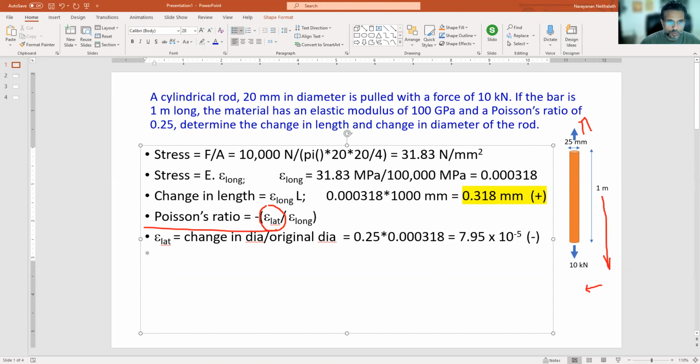So when the lateral strain is known, you can simply say change in diameter is equal to lateral strain times the original diameter, which is equal to 7.95 times 10 to the minus 5 times the original diameter of 20 mm, which will give you 0.0015.